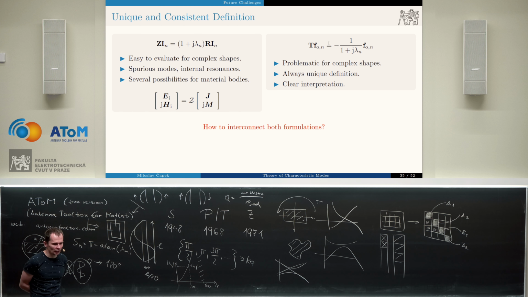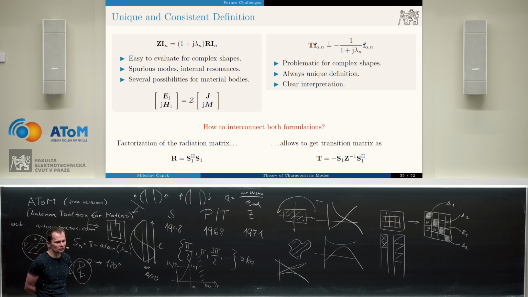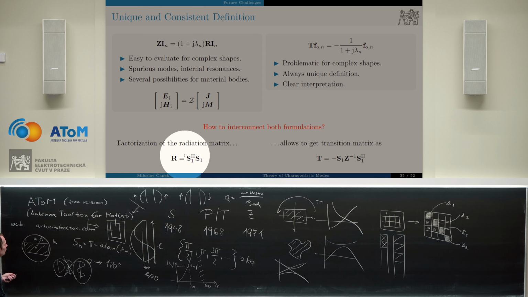And the answer is yes, this can be done. And the link of how to put these two formulations together is a matrix we call here the S1 matrix. It's actually a matrix which is factorizing the radiation matrix R appropriately. And if you are able to find matrix S1 effectively, then the T matrix, the transition matrix, can be evaluated from the Z matrix directly with this formula.